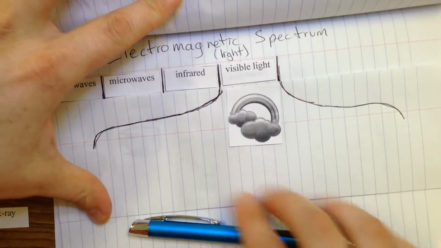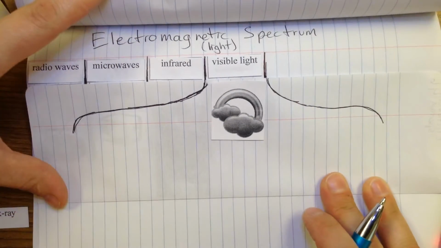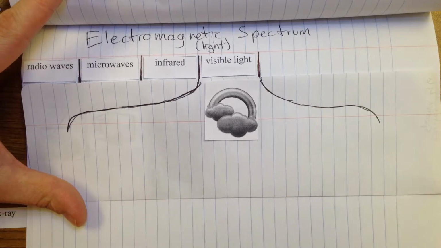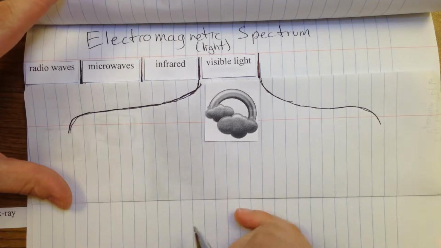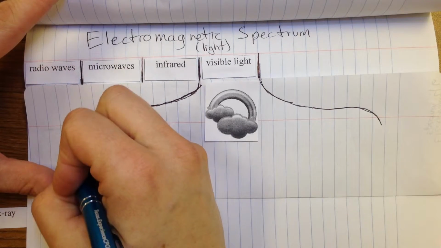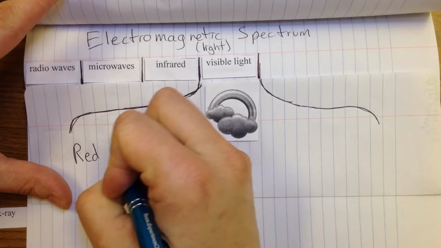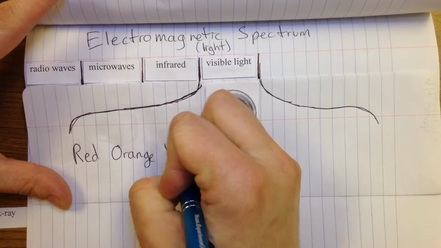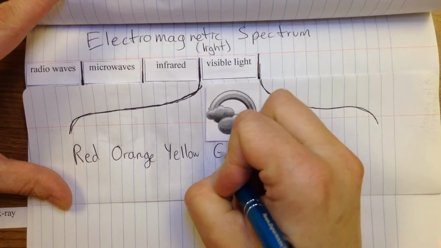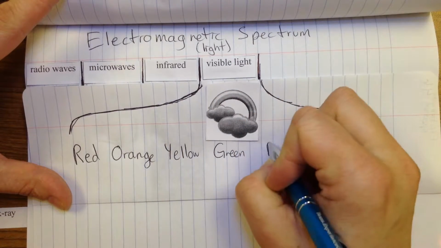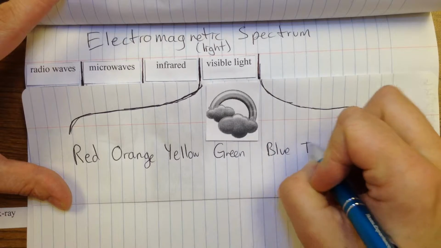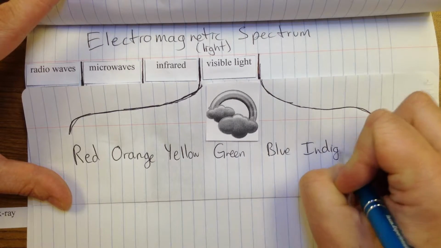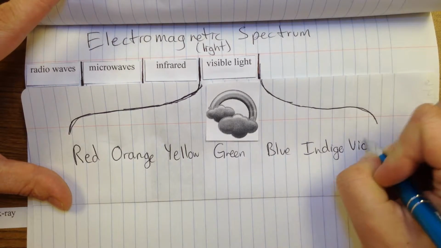All right, so here we go. Here's a challenging question. Does anybody know the colors of the rainbow in order? All right, some of you have learned it. Red, orange, yellow, green, blue, indigo, and violet.